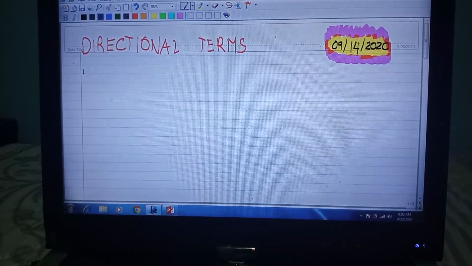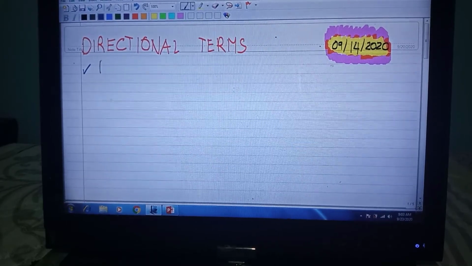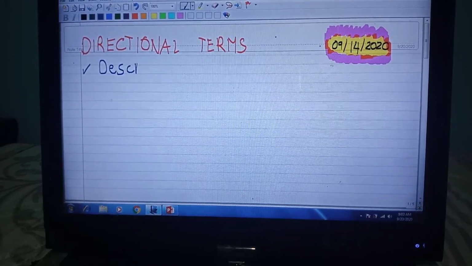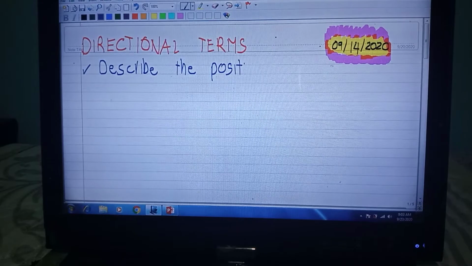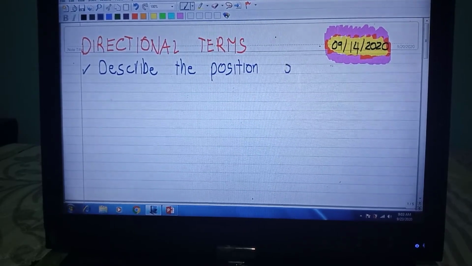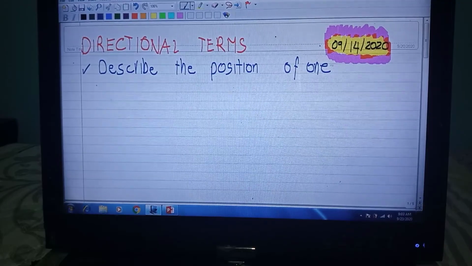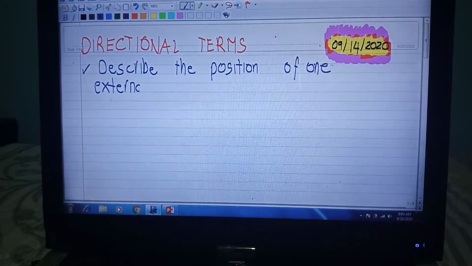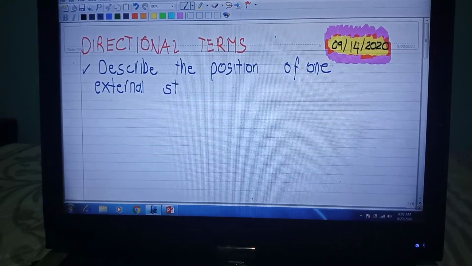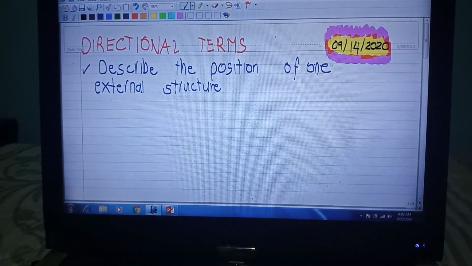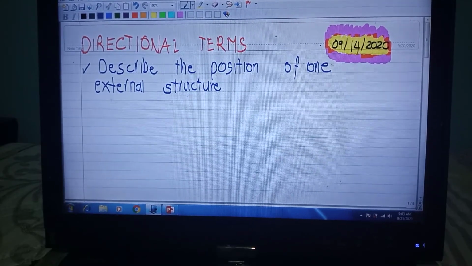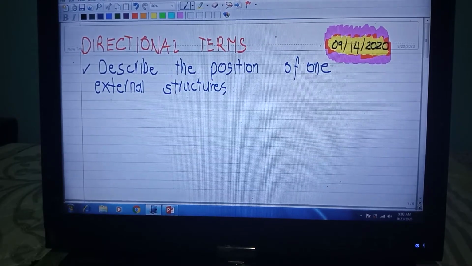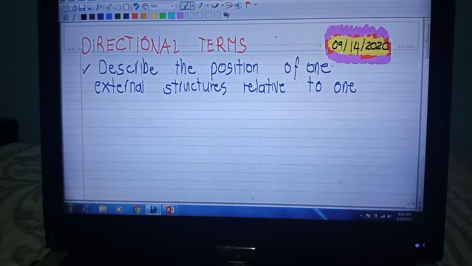Remember that directional terms, which are anatomical terms, are used to describe the position of one external structure relative to one another.